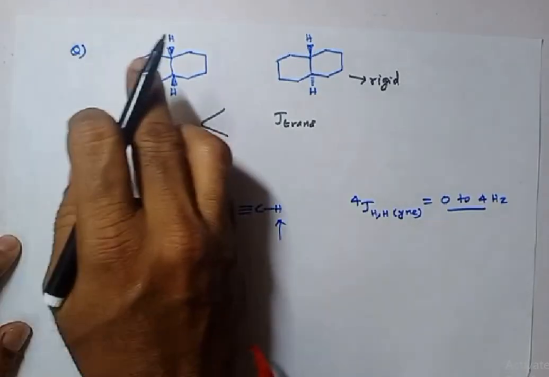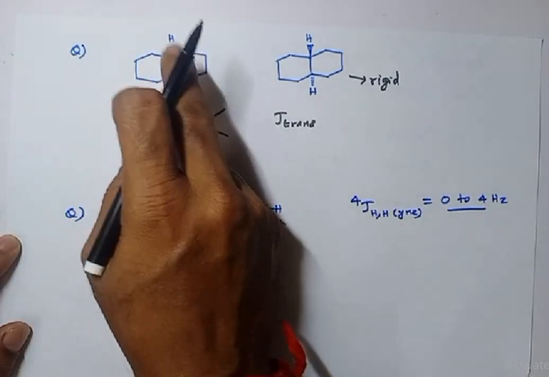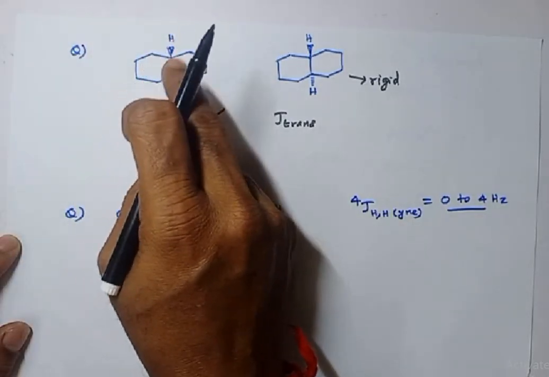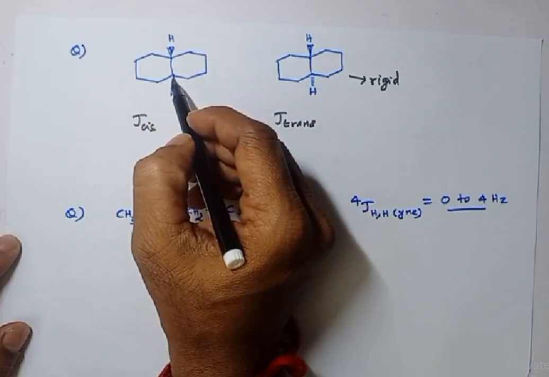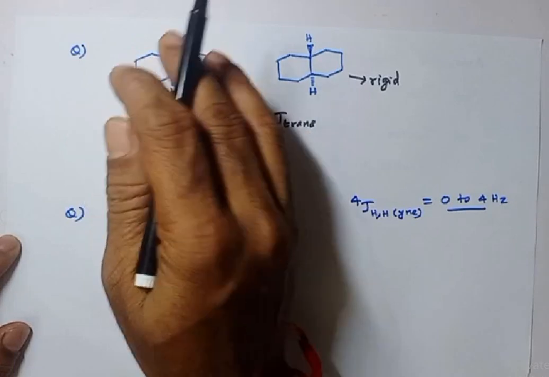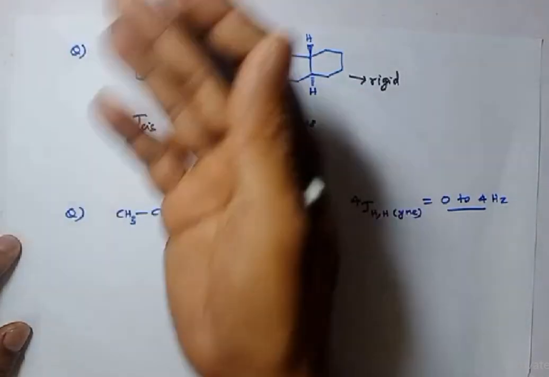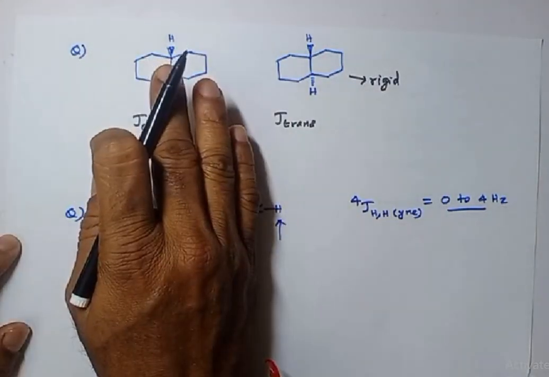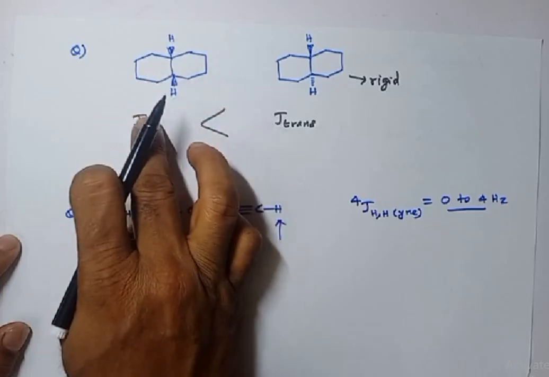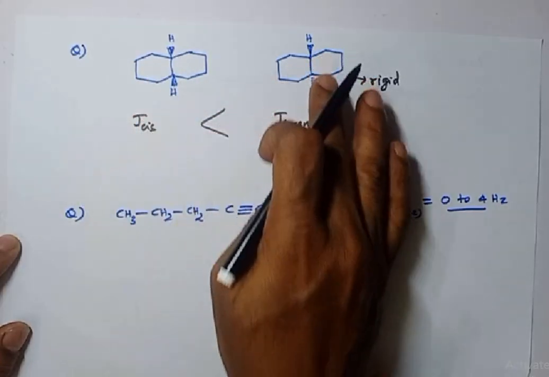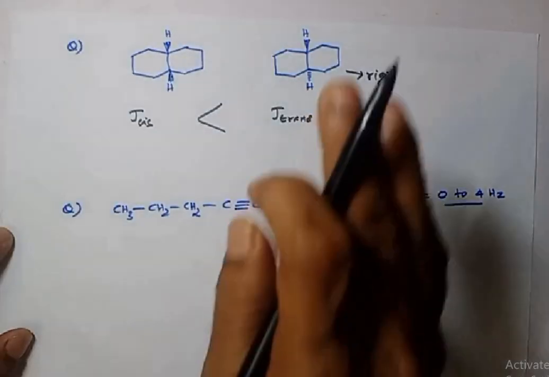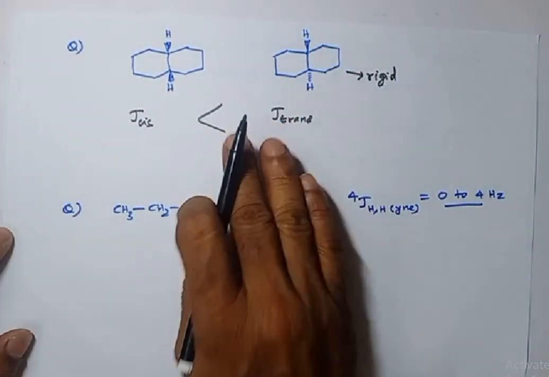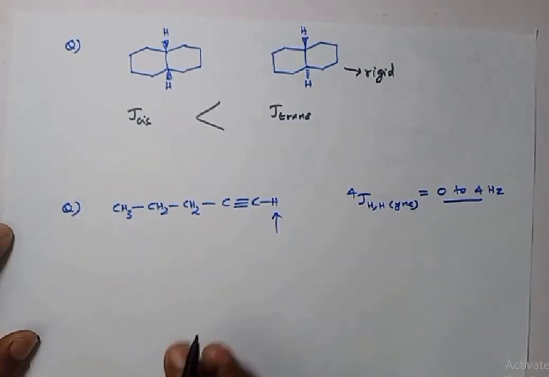Therefore, the two hydrogens: this hydrogen is equatorial, this hydrogen is also equatorial, but because of flipping, both become equatorial again in a different manner. So here we get an average coupling constant value, whereas here this is a specific coupling constant value. Whatever it may be, the coupling constant for the trans isomer is greater. This is well known. Keep this in mind.